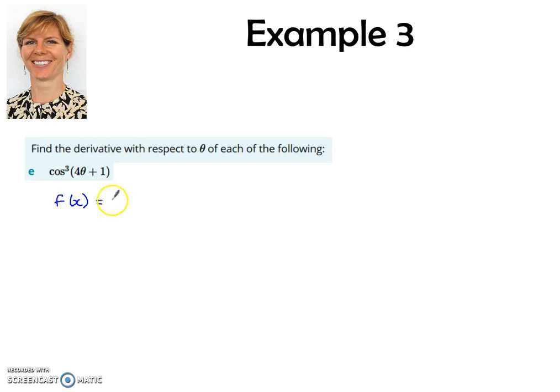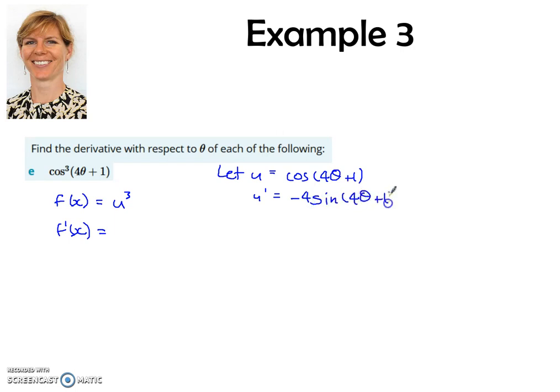Okay, because we're going to say let u equal cos 4 theta plus 1. So then f of x is going to be u cubed. Okay, so f prime of x is going to be the derivative of this times the derivative of that. Okay, so the derivative of that is just going to be negative 4 sine 4 theta plus 1.